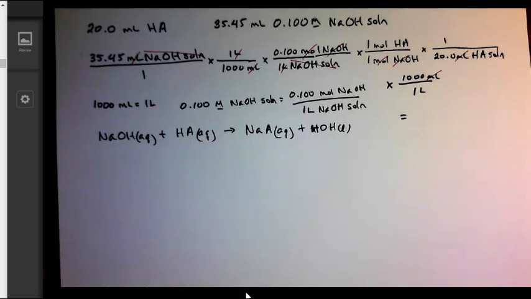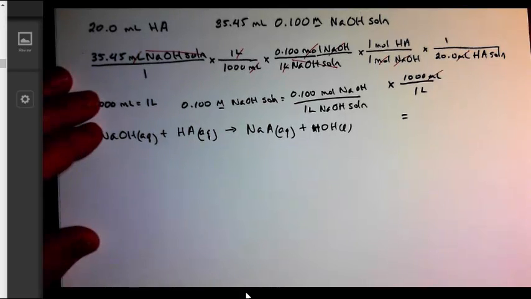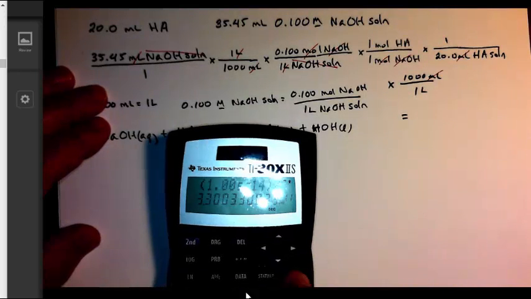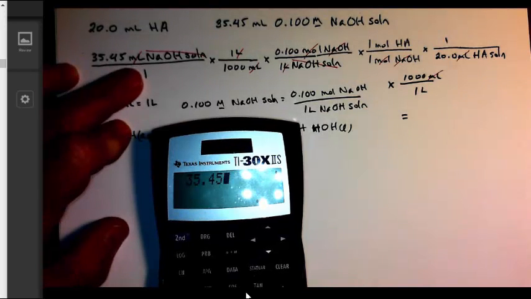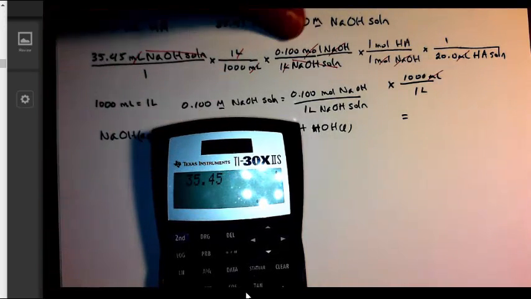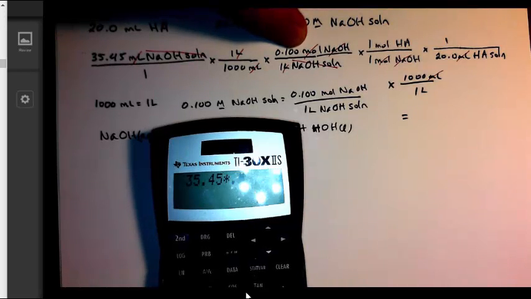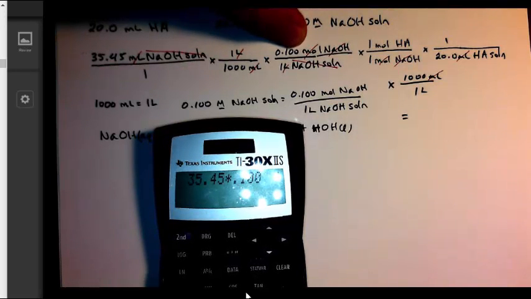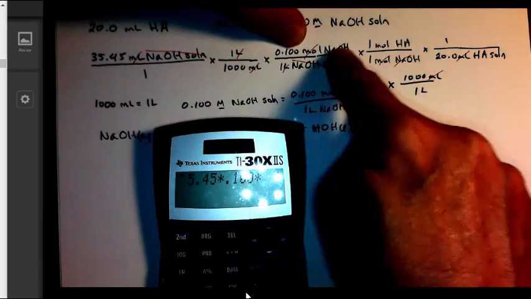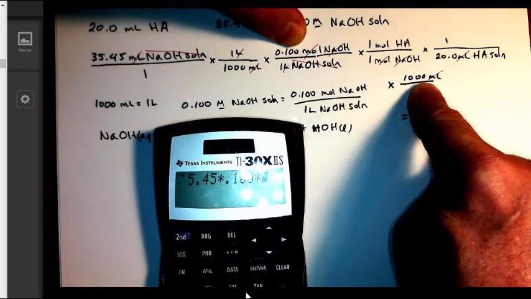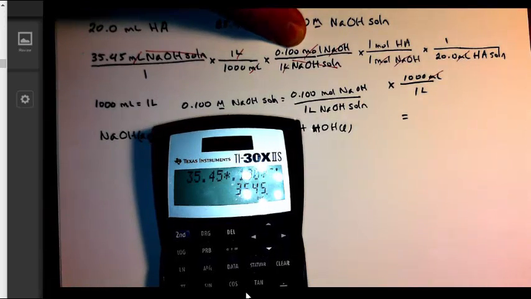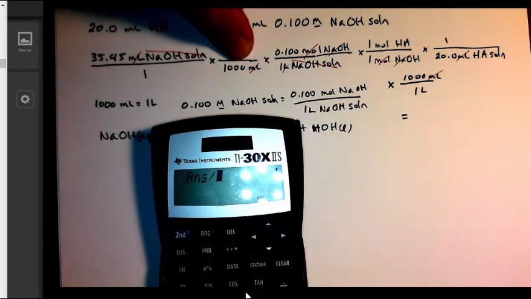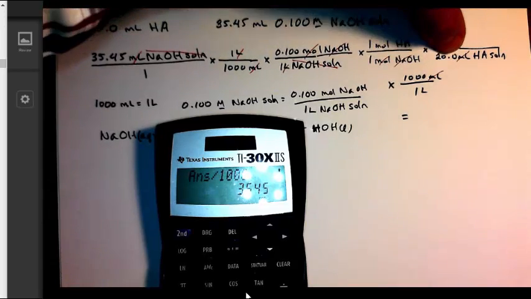Okay, so let's do the math. So in this titration, we put in 35.45 milliliters of sodium hydroxide solution. Multiply that times this. And multiply that times, the only thing left on the top over here is 1,000. Hit enter. Then I'm going to divide by 1,000 here. Enter. And divide by 20.